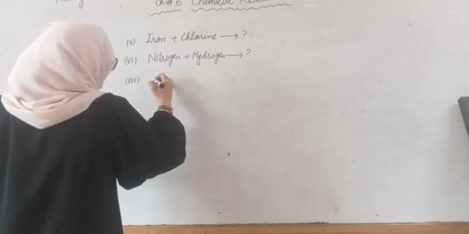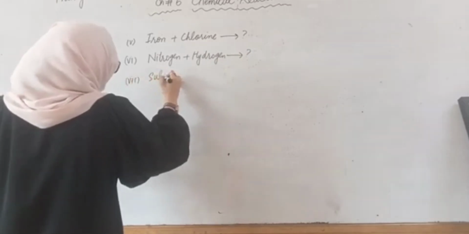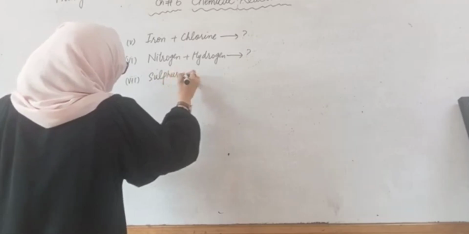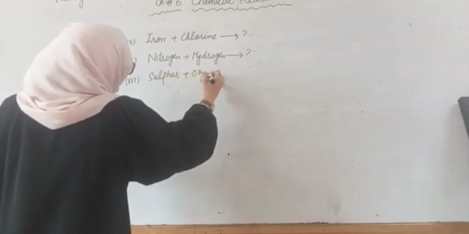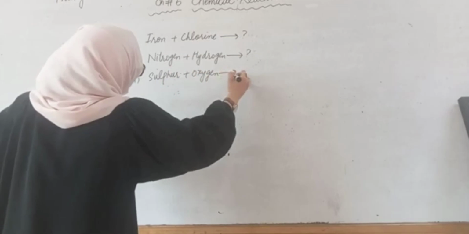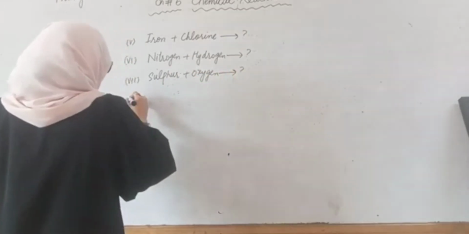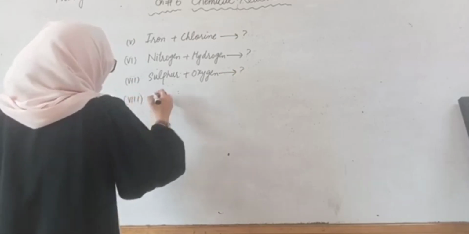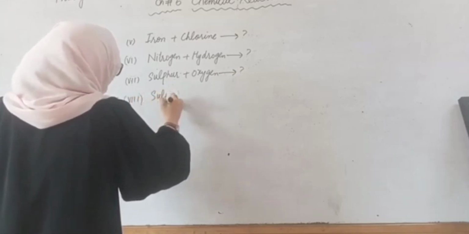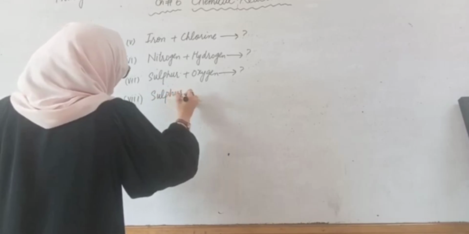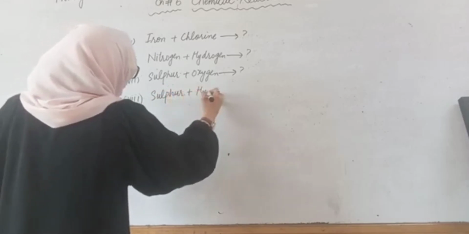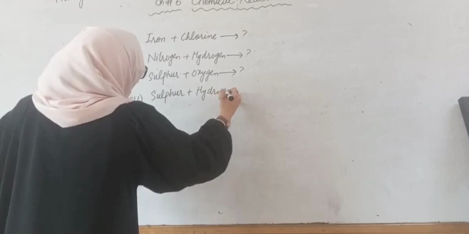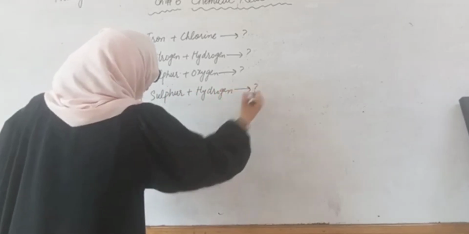The seventh one, you will do the reaction between sulfur and oxygen. And the eighth one, you will do the reaction between sulfur and hydrogen.